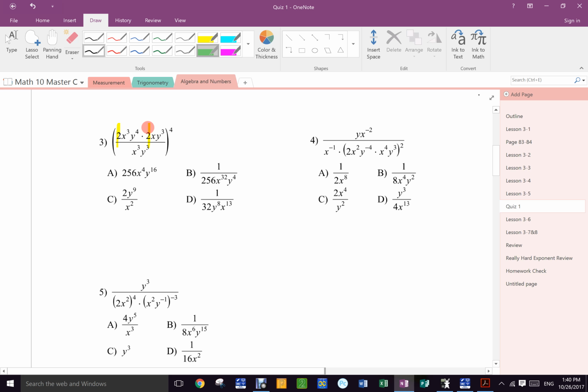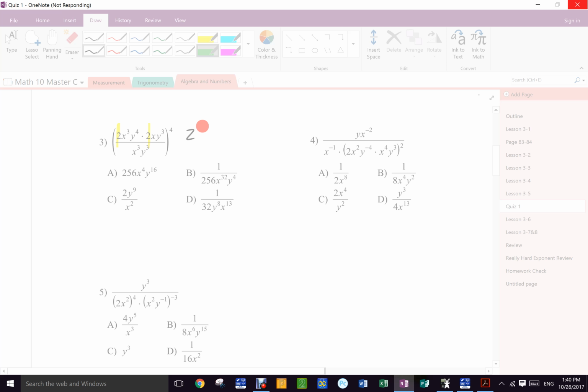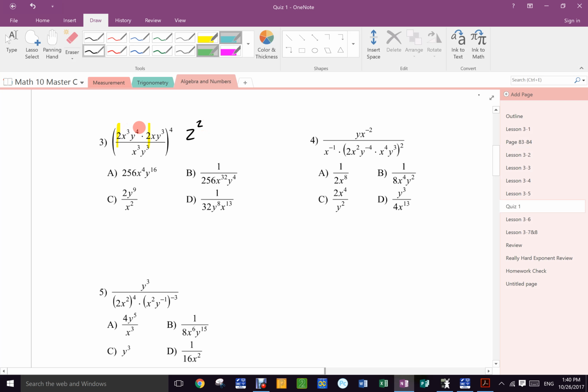So that's 2 to the 2, yes? Everyone agree? Okay, so it's 2 to the 2. What do I do with the x's in the top? You're going to add them. So what do I got? X to the 4th. Why? Because 3 and 1 is 4.